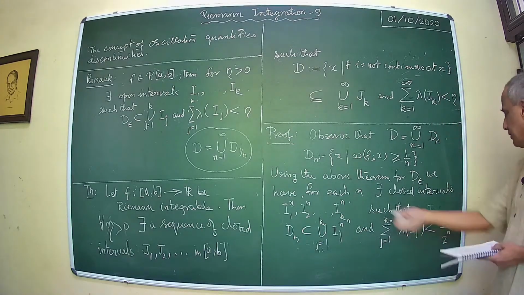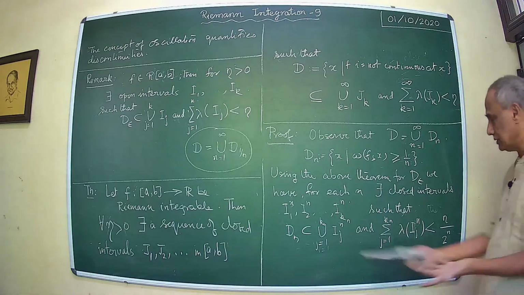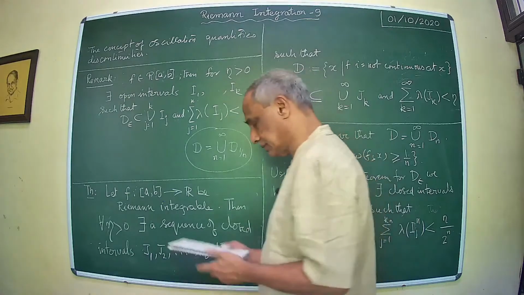So for each n we can work this out. This is just finitely many intervals.